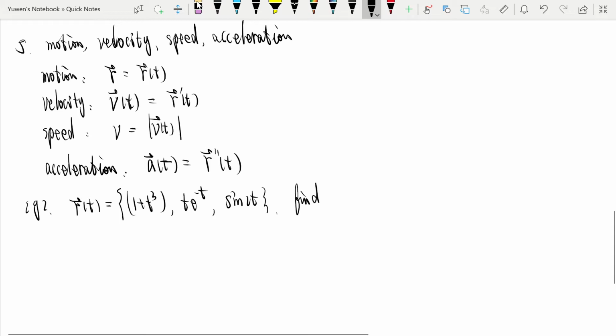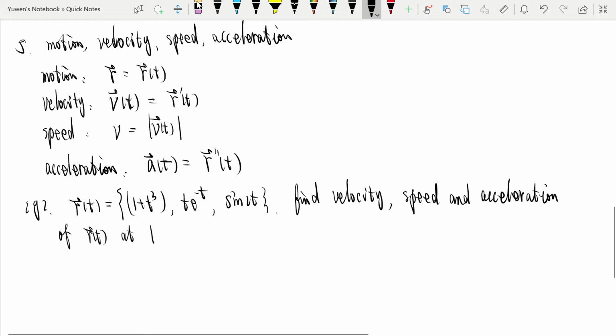Find the velocity, speed, and acceleration of r(t) at t equals 0.